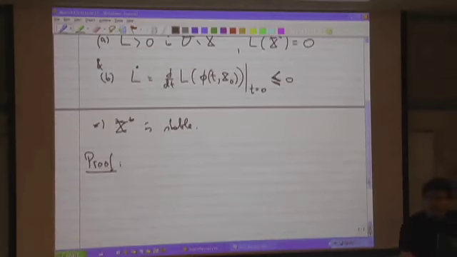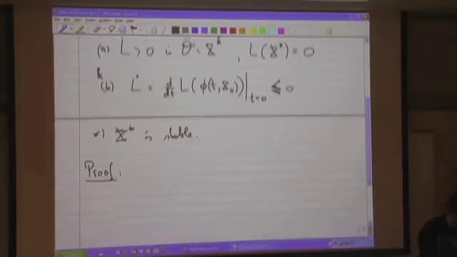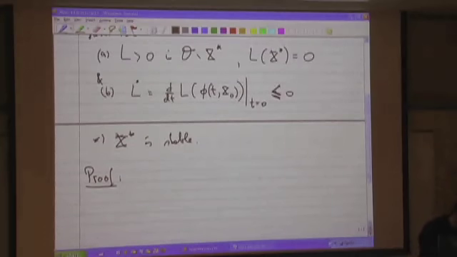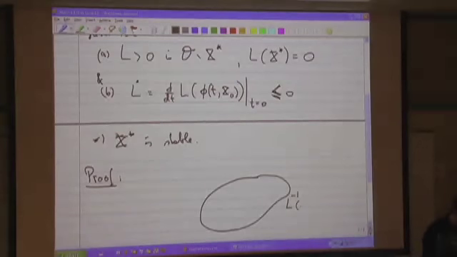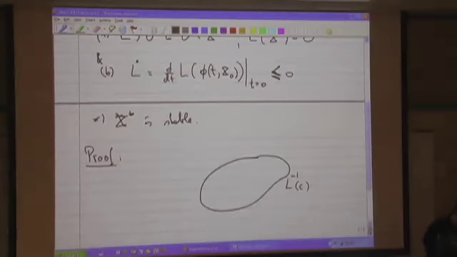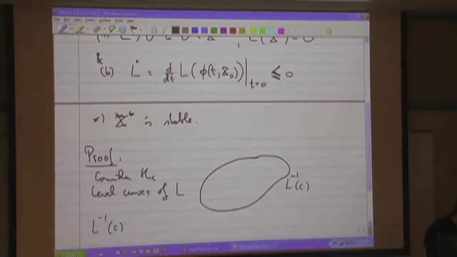Okay, let's see that. The proof for the stable case is actually fairly easy. The key is in the level curves. So consider the level curves of L, defined by this.